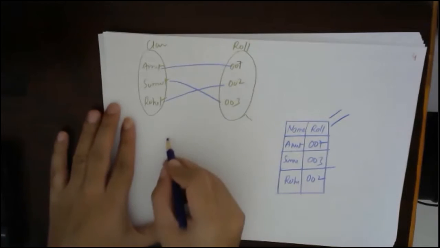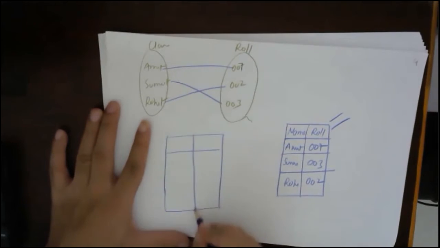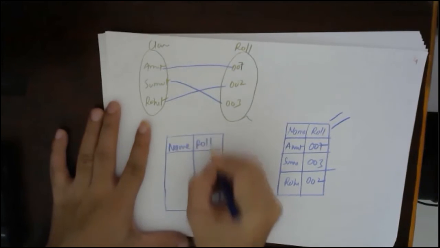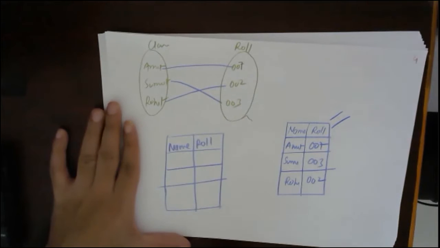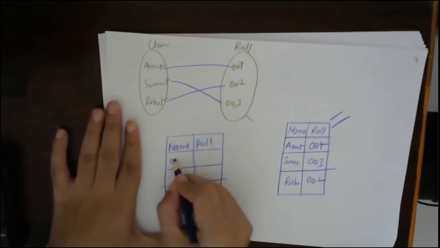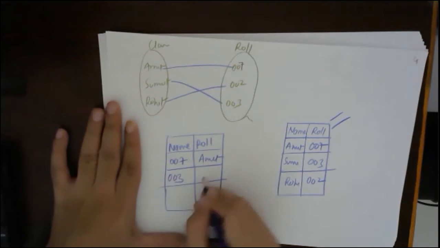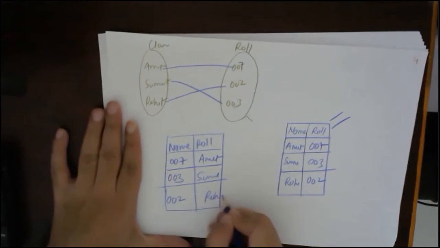Now suppose in the same list, some person who was not paying attention, where this was name and this was roll number, wrote 007 and Amit, 003 and Sumit, 002 and Rohit.